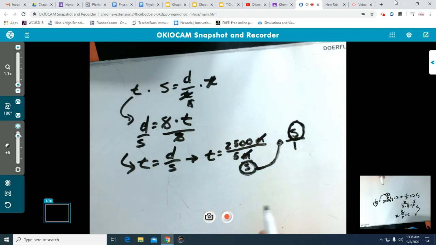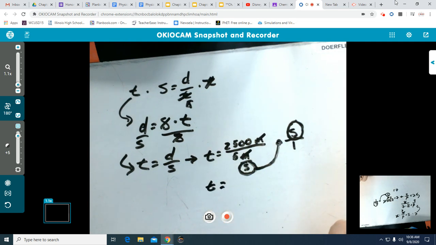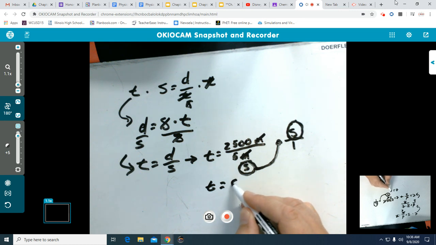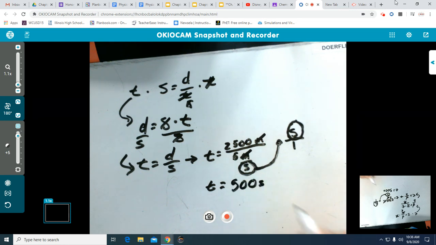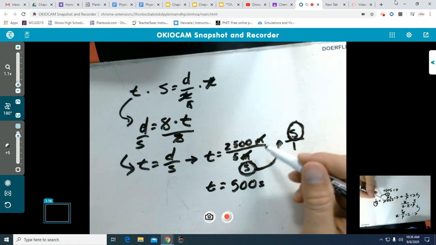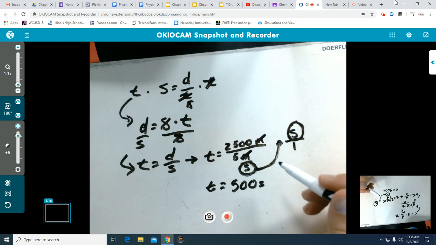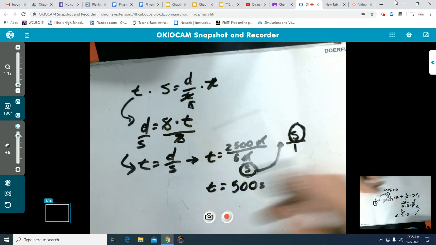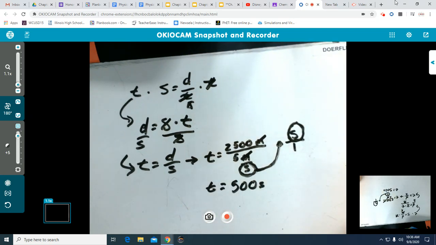Seconds on top. So to solve this, what do we get? 2,500 divided by 5? 500 seconds. But going back to this whole idea, you don't have to necessarily worry about that. I'm just showing you where it came from. As far as you need to know, time will be in seconds. Okay? Yes?